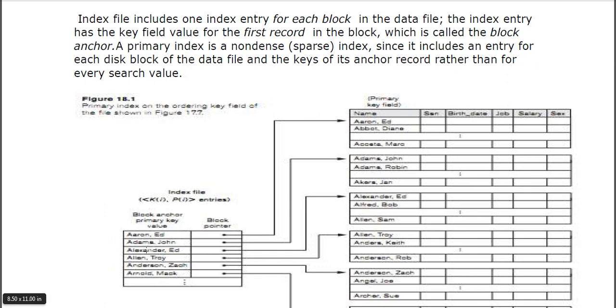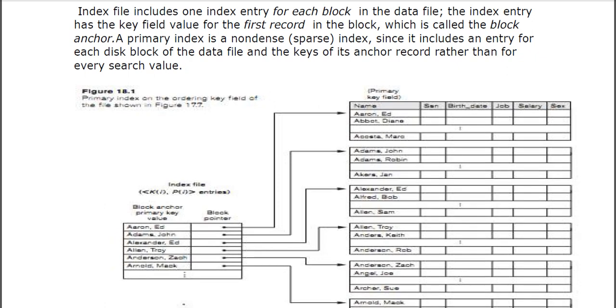Then the next value is Adams. You are searching for some name whose initial letters fall within this range. That's why you go to the first block, and in the first block you have to search for the requested key value. So it's easy to access the value when you use the index file. This is an example of sparse indexing.